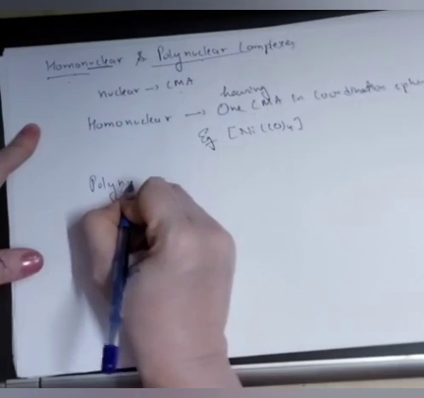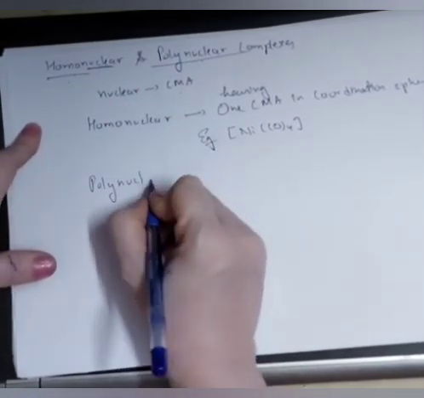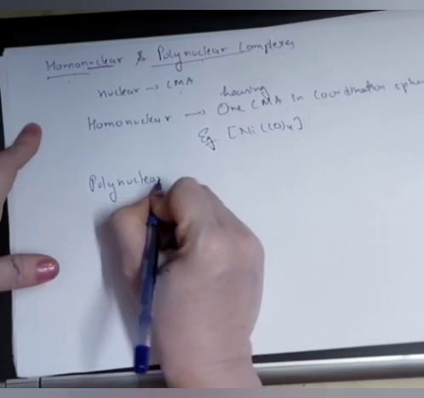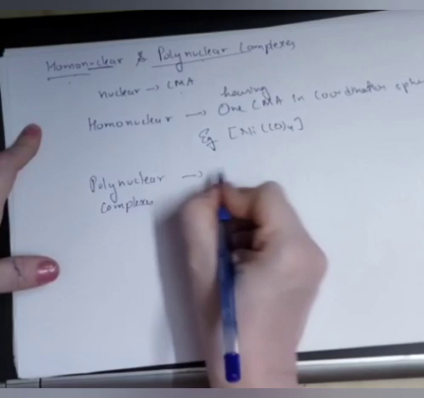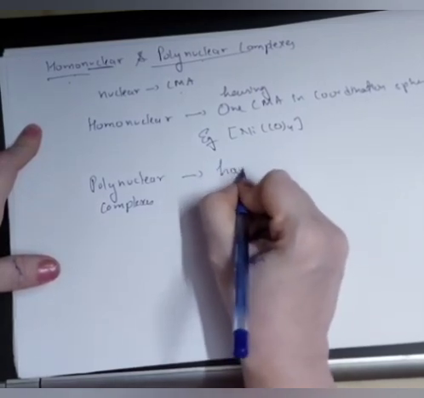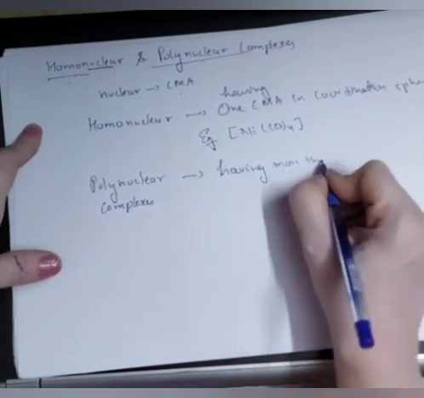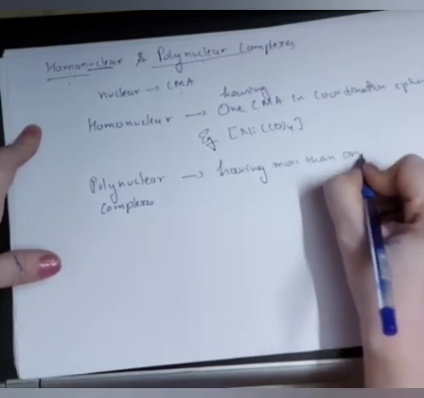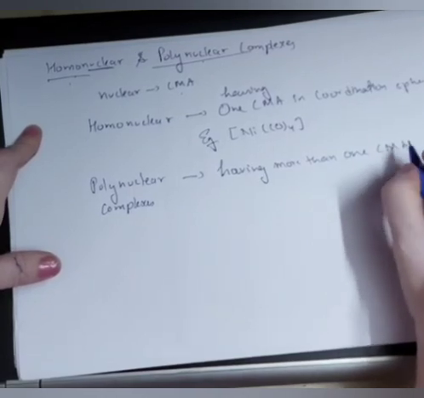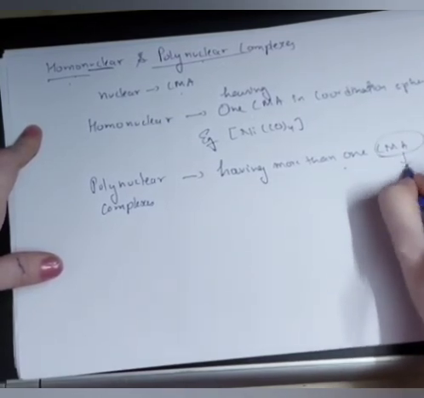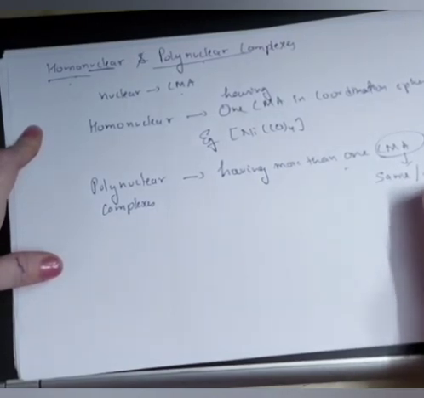Okay, polynuclear: mostly we will see examples of homo only. Polynuclear is an exception. These are complexes having more than one central metal atom. This central metal atom can be the same or different.